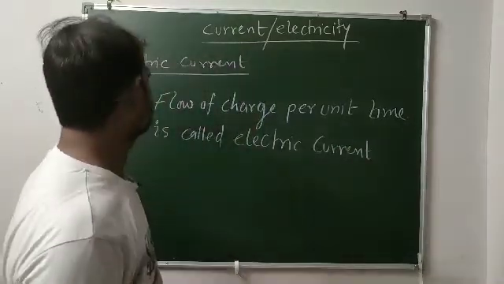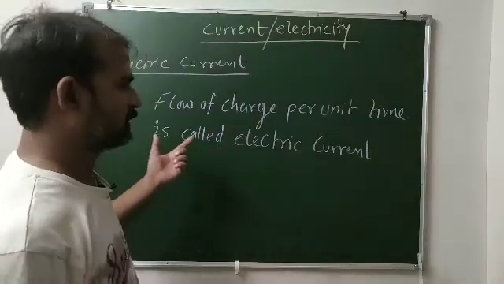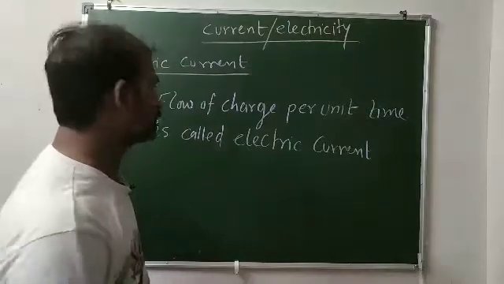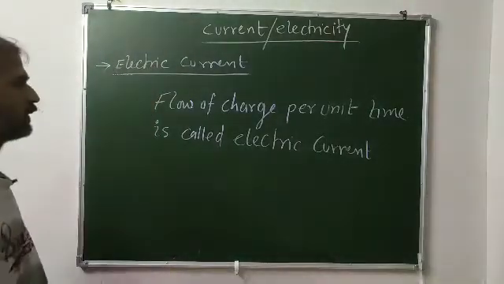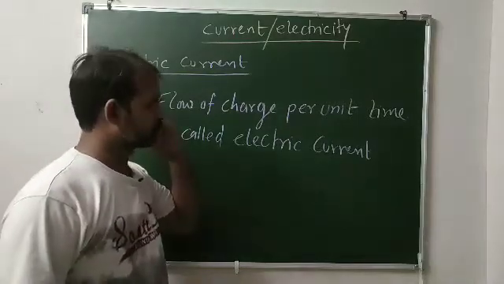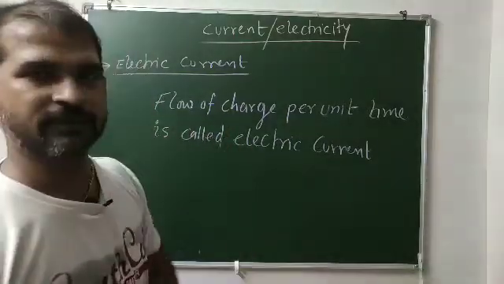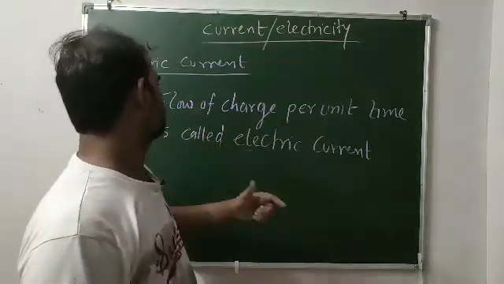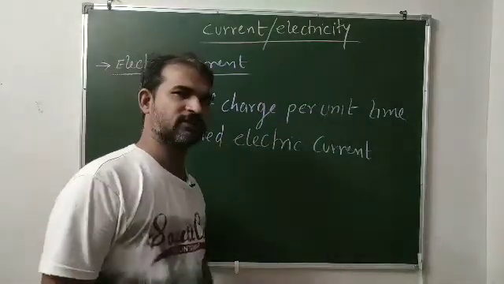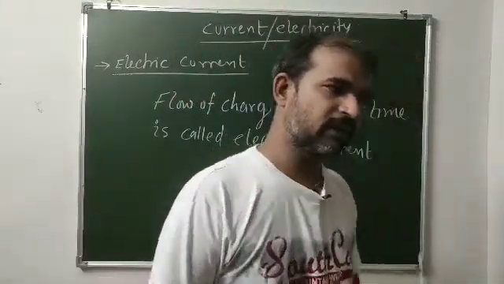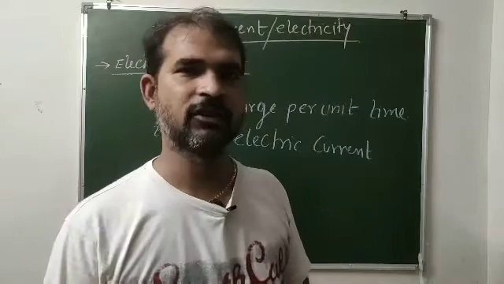Students, just see, once you see this definition, then I will elaborate. In this definition, few points are missing. Actually, flow of charge per unit time is called electric current. This is the single stroke definition, but it is not precise.